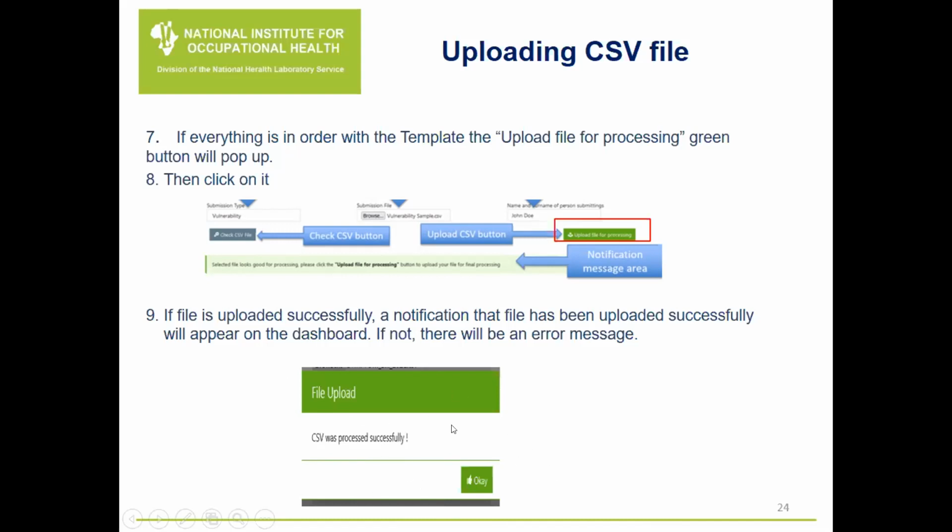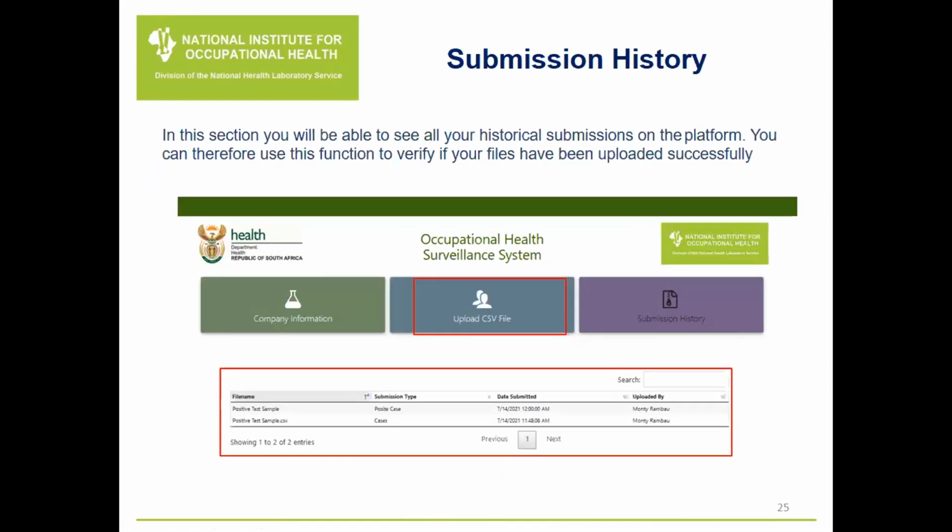If this green notification does not pop up, there will definitely be an error message letting you know what caused your file not to be uploaded successfully. In this section, you will also be able to see your historical data.